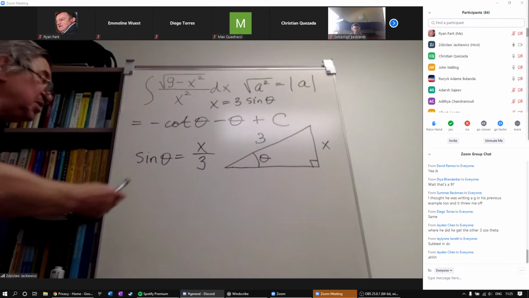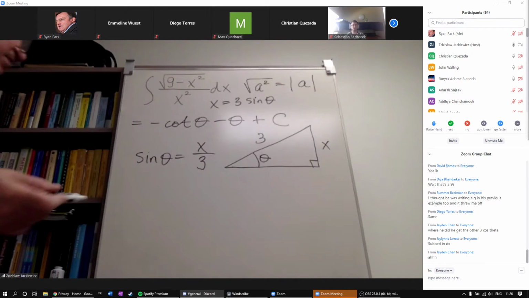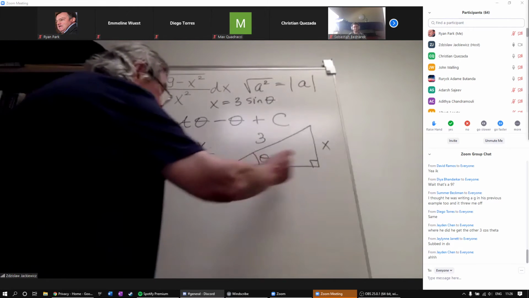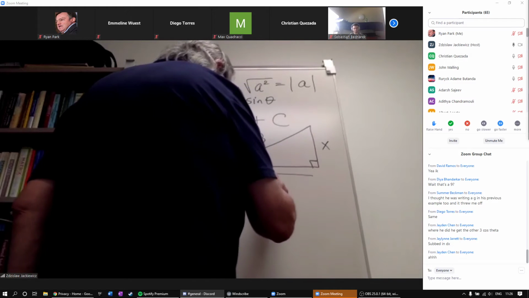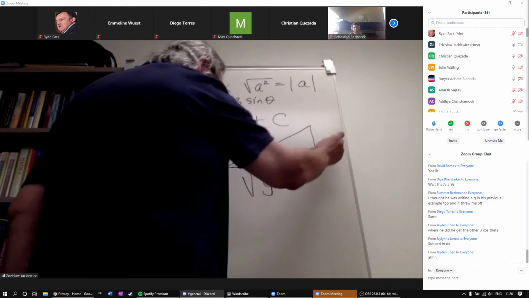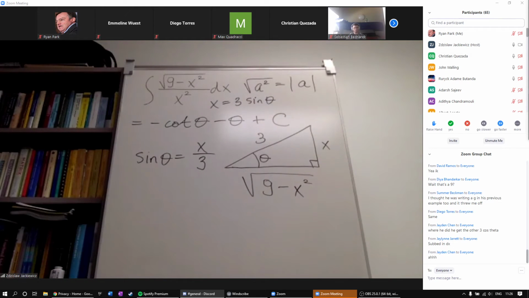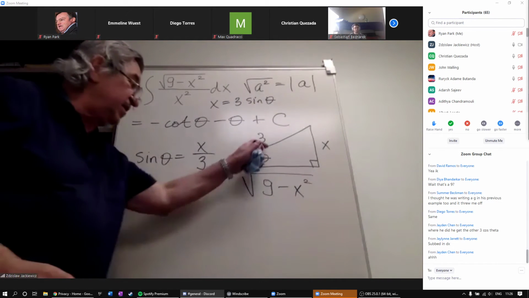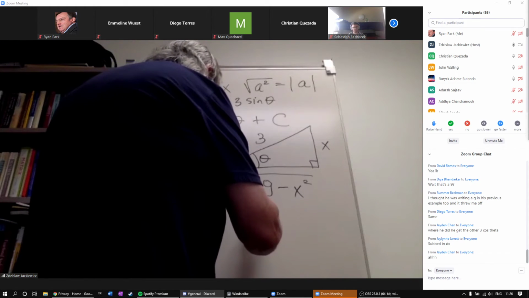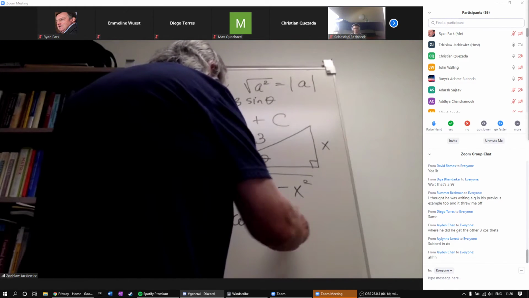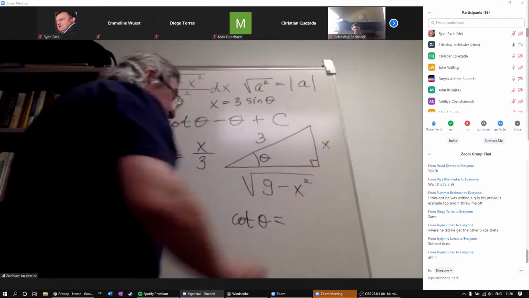Well, but now we need cotangent theta. We know how to compute this. What is this side? Using the Pythagorean theorem, this would be the square root of 3 squared minus x squared, that is 9 minus x squared. Looking at this, cotangent theta is this over this.